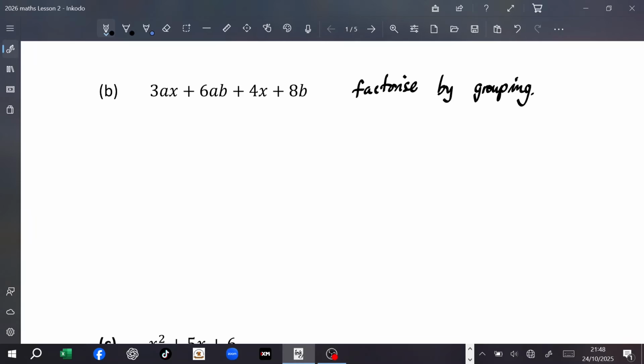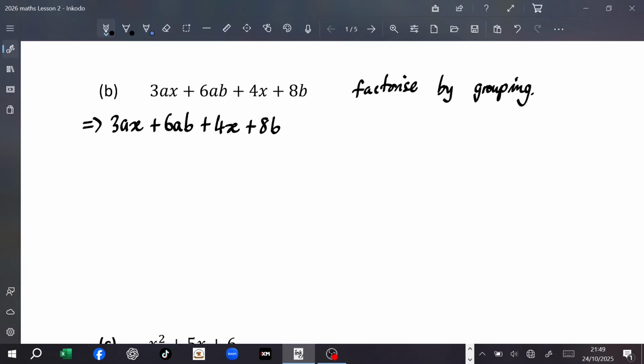Here we will group like terms together, look at what is common and factor it out. So we copy the same question, 3ax plus 6ab plus 4x plus 8b.